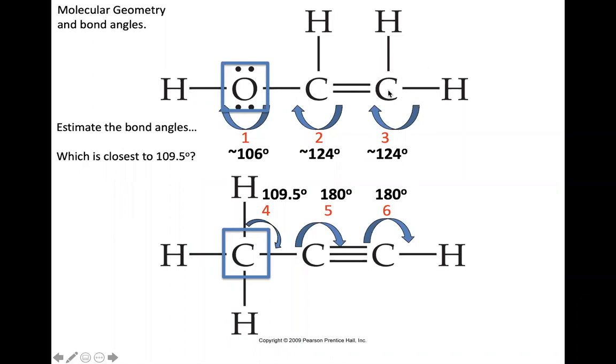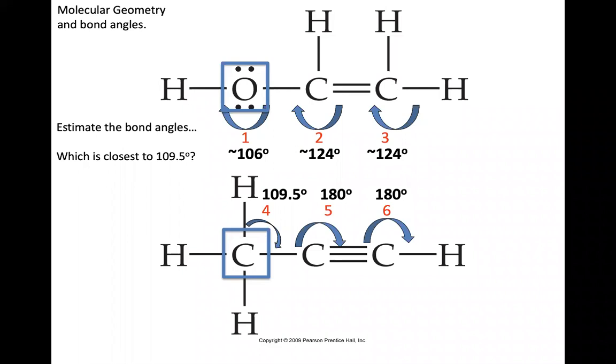Around this carbon, I see that I have 1, 2, 3 different electron domains. I would say if all of those were equivalent, let's say all single bonds, it'd be 120, 120, 120. It wouldn't be drawn like this. It wouldn't be 90 degrees. This isn't trying to show 90 degrees. This is just showing how they're connected.